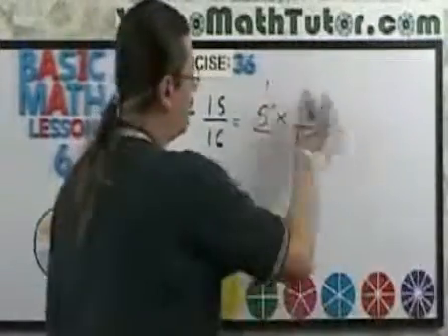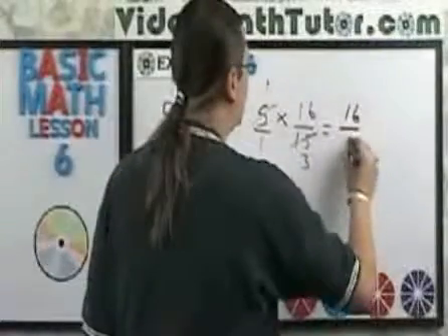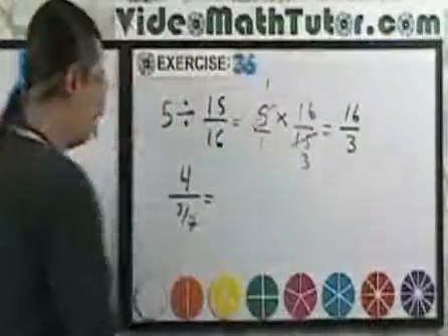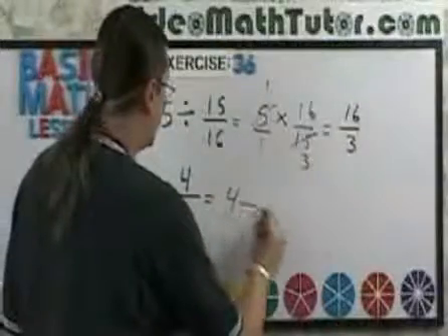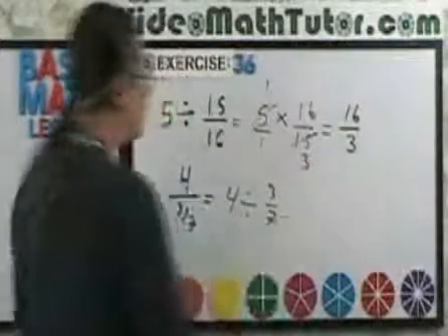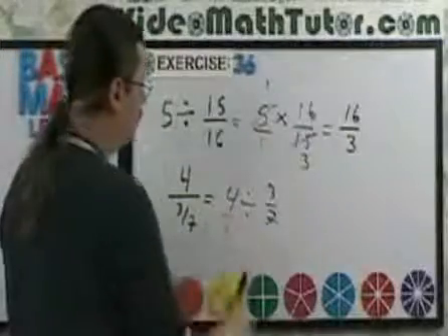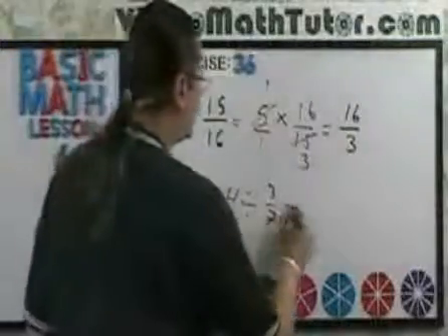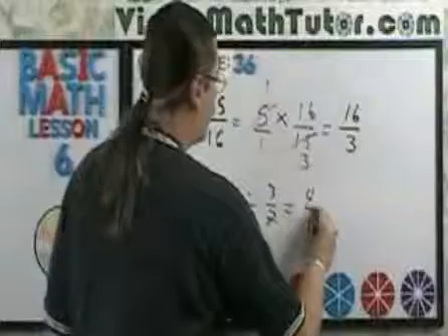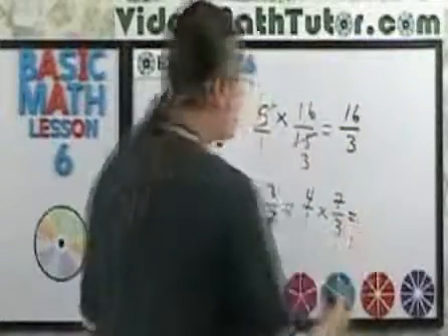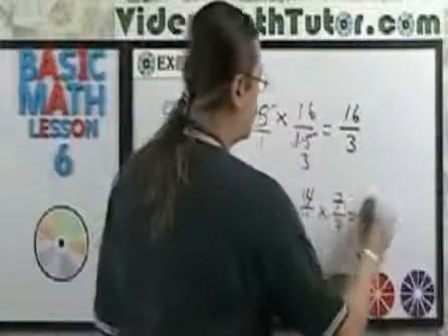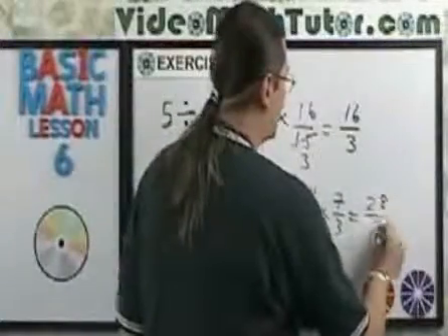So multiply that out, and we're going to get 16 thirds. Over here, I'm going to rewrite this to get 4 divided by 3 sevenths. Again, let's put the 4 over the 1 and invert and multiply. So you get 4 over 1 times 7 thirds equals, well, nothing cancels, so we're just going to be left with 28 thirds.